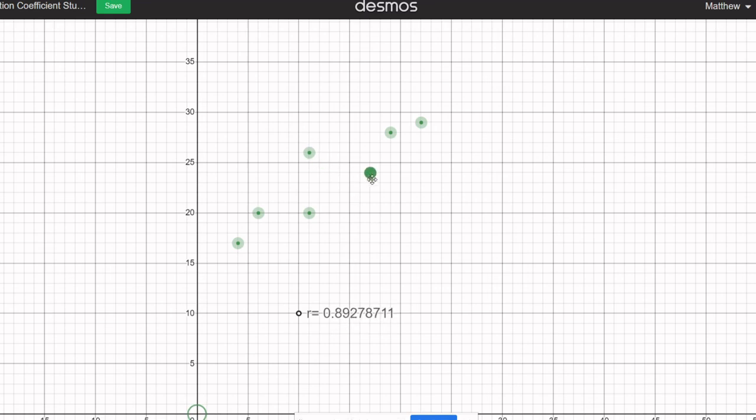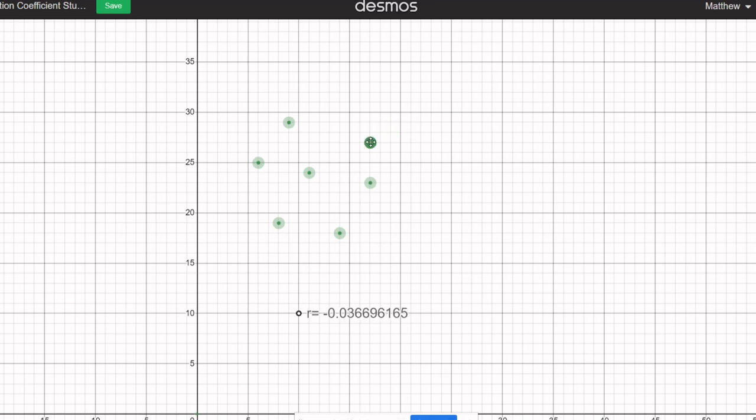But the further apart these points get from a line through the middle, you can see the R value is going down. Here it's still okay, 0.8, so there is some correlation. But if I move them around so that they're a bit more spread out, it gets less and less. And then eventually, if it's randomly distributed, you can see it's getting closer to 0.